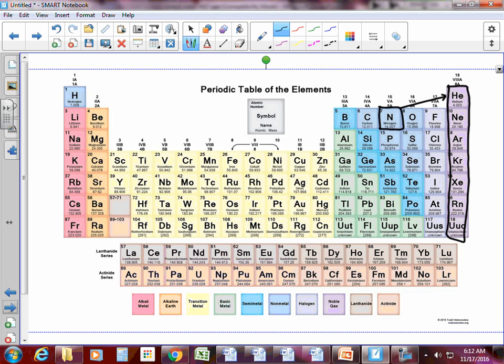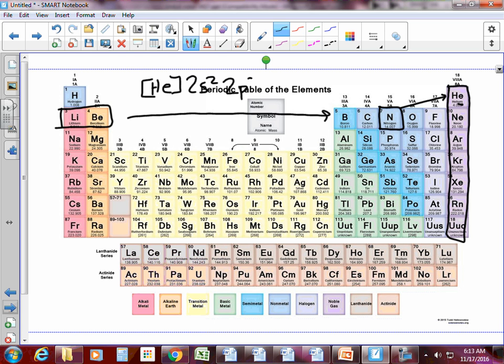So I'm going to put helium in square brackets, and then you start your electron configuration from there. Helium is right here, so I'm going to start in my 2s. I'd write 2s2. Then I'm going all the way over, so it becomes 2p, and I am 3 over, so it becomes 2p3.